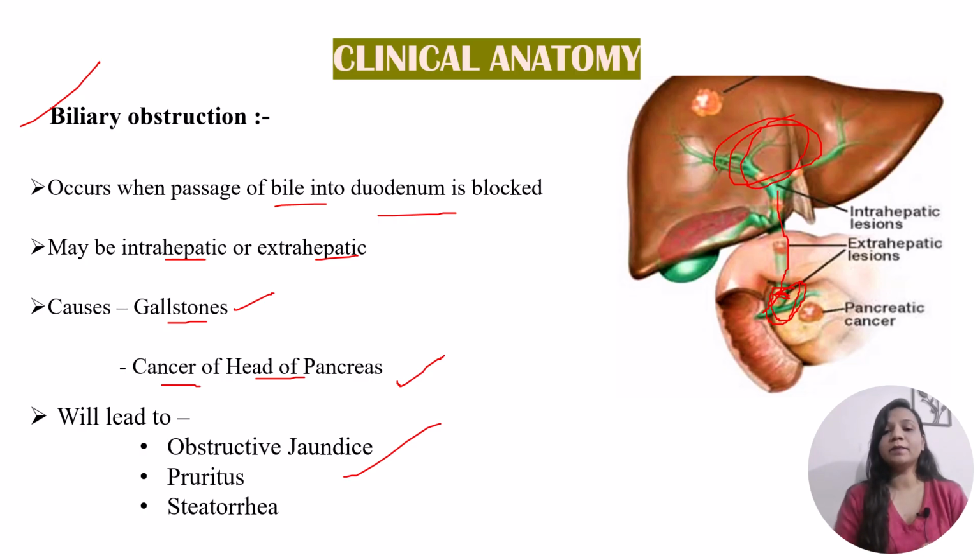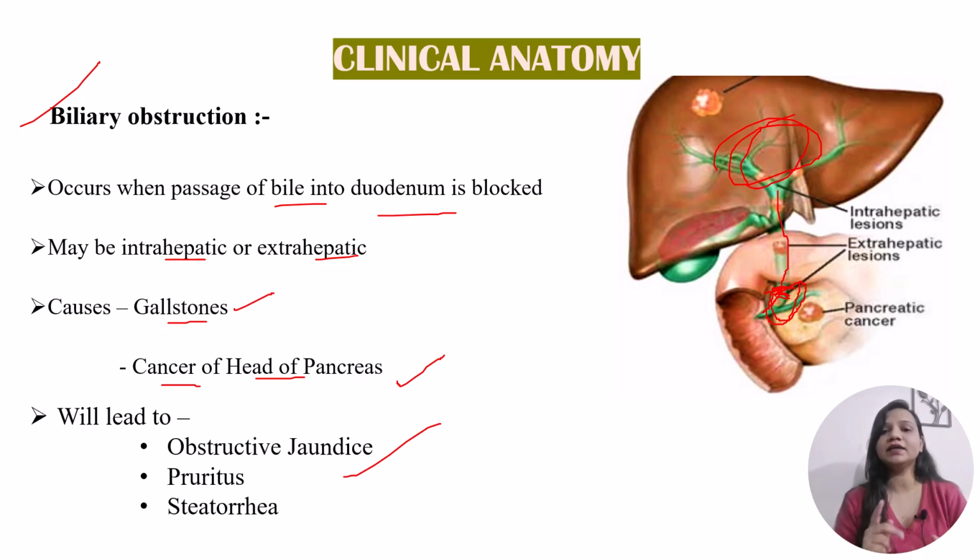The bile present in the intestine gives the stool its natural yellowish color. When the bile is not present in the intestine because of the biliary obstruction, the bile cannot reach the intestine. It leads to pale stool because the stercobilin pigment present in bile gives the stool its natural yellowish or brownish color.